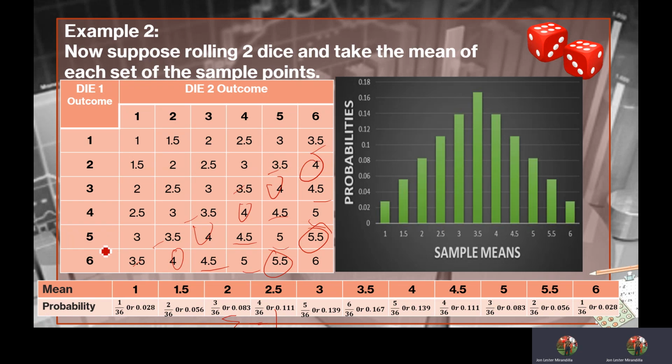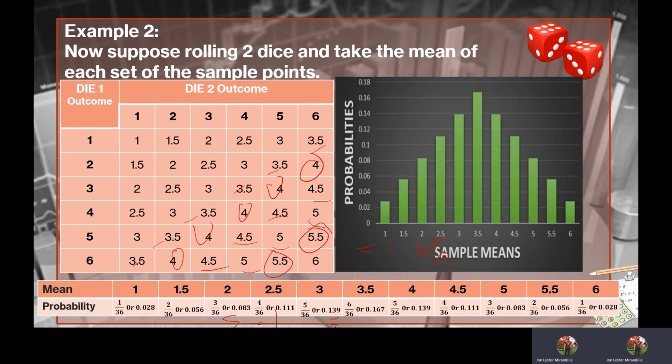So kung mapapansin nyo, yung denominator natin dito is 36. Again, i-copy nyo lang yung denominator, then i-add nyo yung mga numerator niya, which is 1 plus 2 plus 3 plus 4 plus 5 and so on. Makukuha nyo dyan is 36. So therefore, 36 divided by 36 is equal to 1. So the total area or the total probability is 1 or 100%.